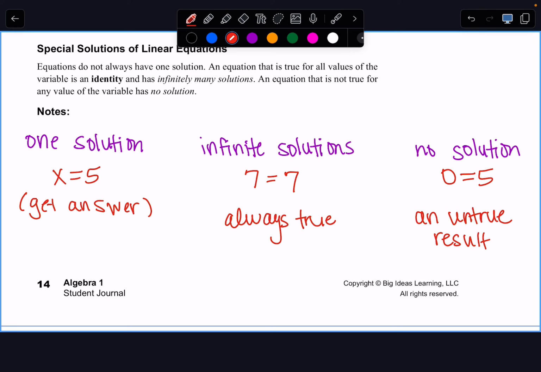I know that sounds weird, right? I'll show you what that looks like, but it is possible to have equations that don't have an answer. And it is possible to have equations that have an infinite number of solutions. Anything you plug into it is going to work.